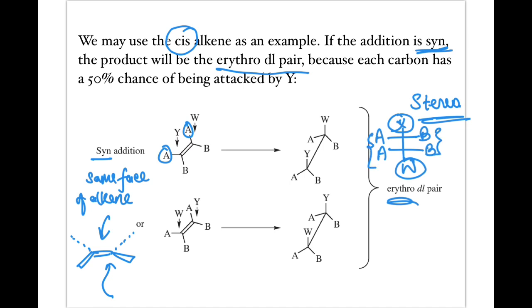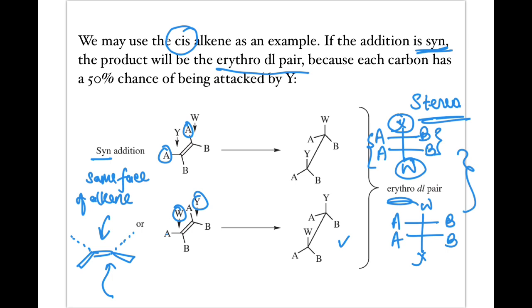Similarly, if let's say we have changed the regioselectivity, we have put our W over here and Y over here, but the A is on the same side and we are adding from the same face, that is going to give you another possibility. Now if you draw the Fischer projection for this molecule, it's going to look like this again, but here W is above. And what is the relationship between these two molecules?